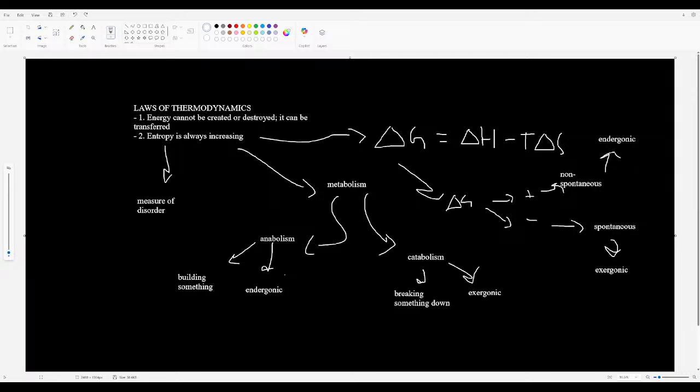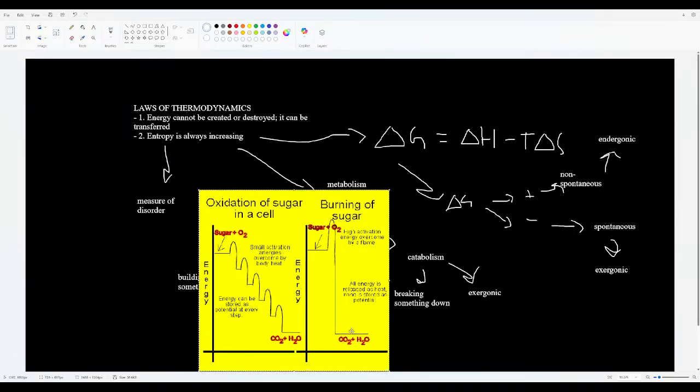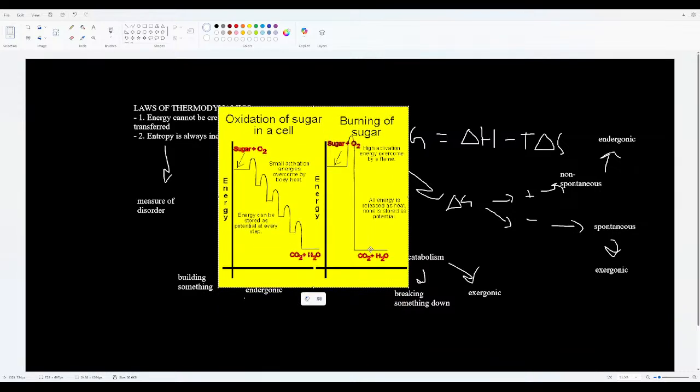I just wish it would be a little higher quality. So right here, look at this image. The oxidation of sugar in a cell versus the burning of a sugar. Look at all these little steps versus just burning sugar by itself.